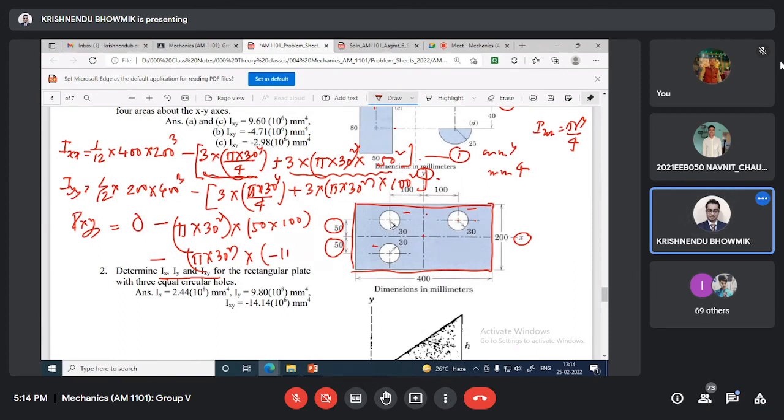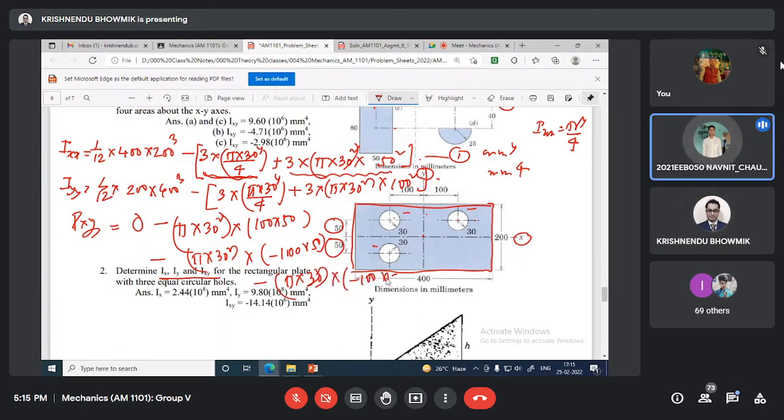Oh, wait, this is 50. I should write in reverse way, otherwise it will be confusion. X and y will write. So 100 multiplied by 50. Now it is minus 100. For this case, minus 100 multiplied by 50. And then pi 30 square, minus 100, minus 50.